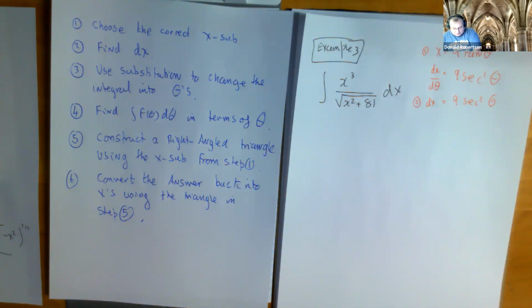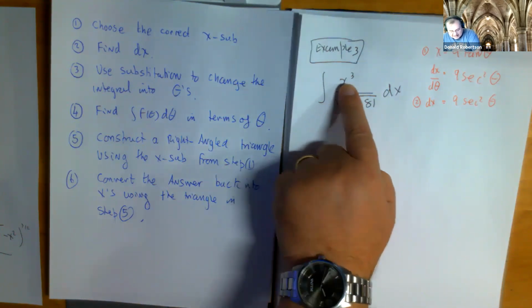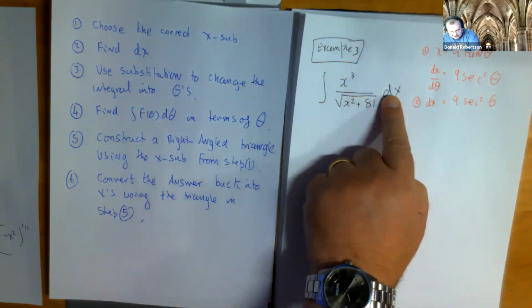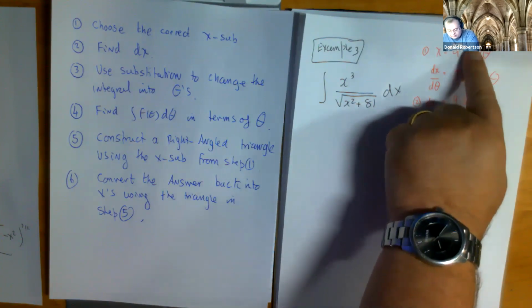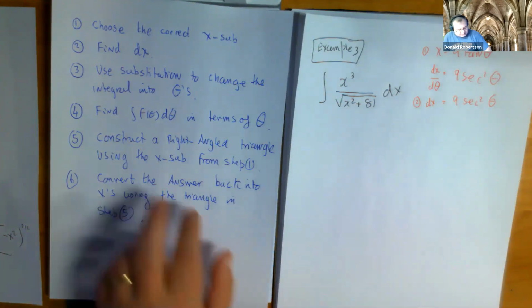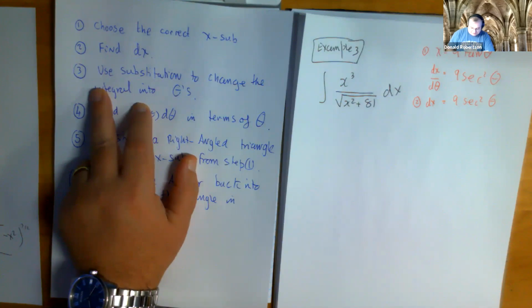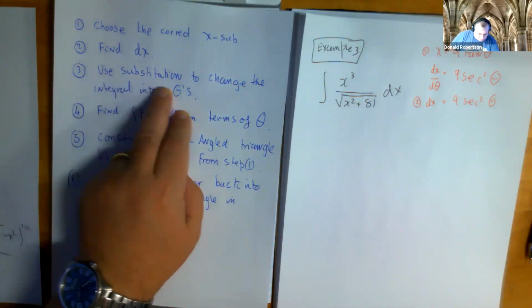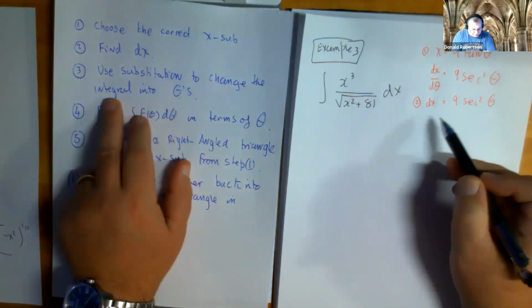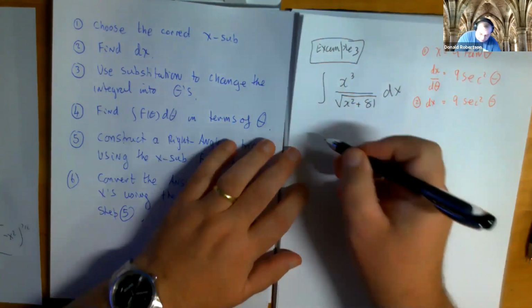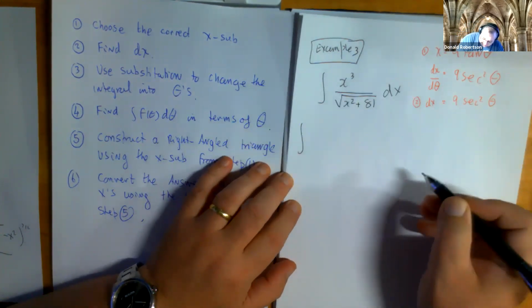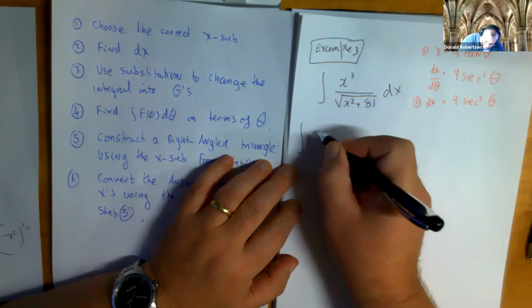Now, why is that useful? See, every x here and this dx, they're all going to get turned into something to do with theta, which is what step three says. Use your substitution to change the integral into theta. So let's see what that gets. x cubed becomes this cubed.